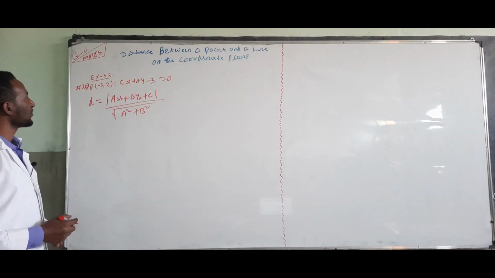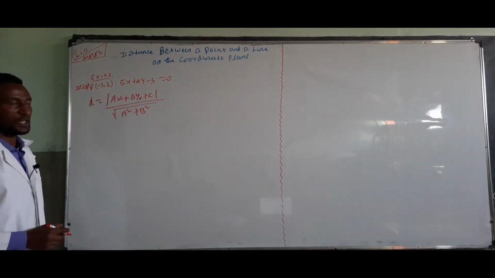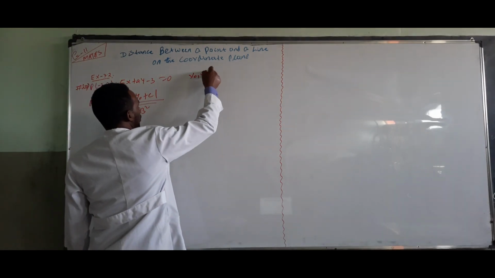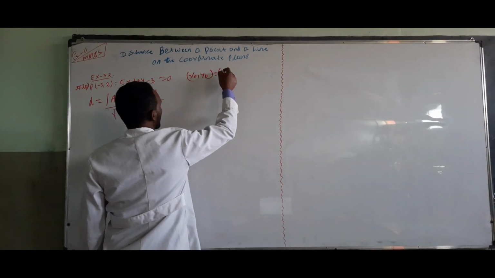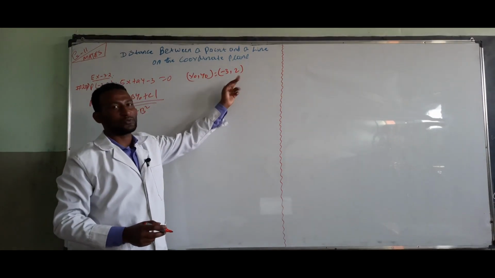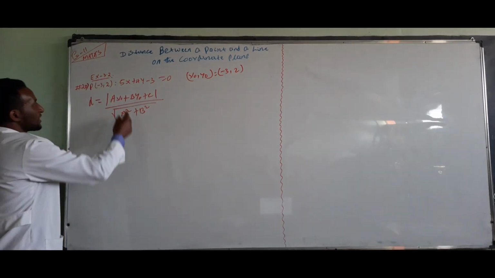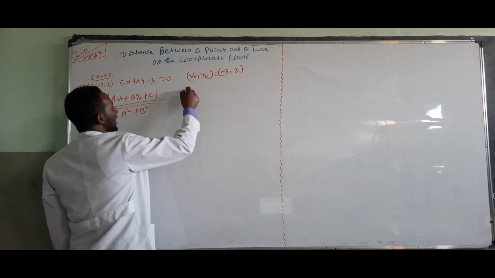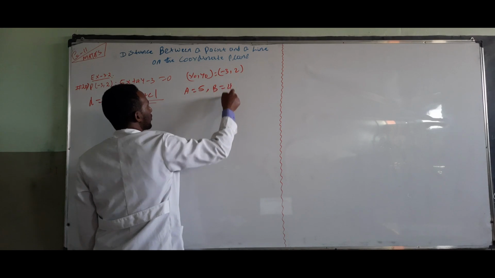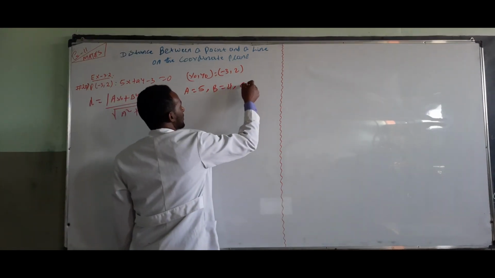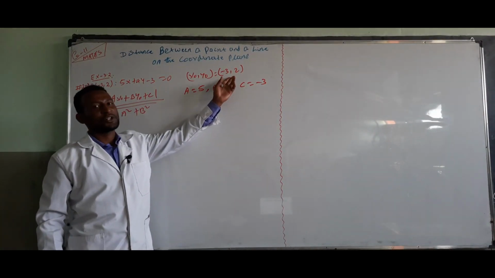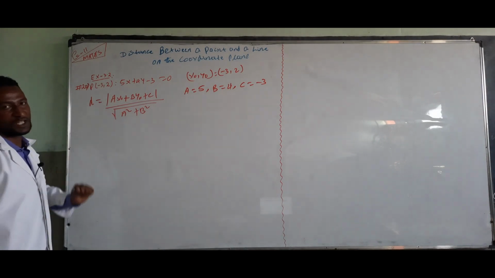In this point and the given general equation of line, x naught comma y naught is (-3,2). The first coordinate of this point is x naught, the second coordinate is y naught, and from the given general equation of line, a means the coefficient of x, 5, b means the coefficient of y, 4, and c means -3. Then this point is different from the origin, so we have to use this formula.